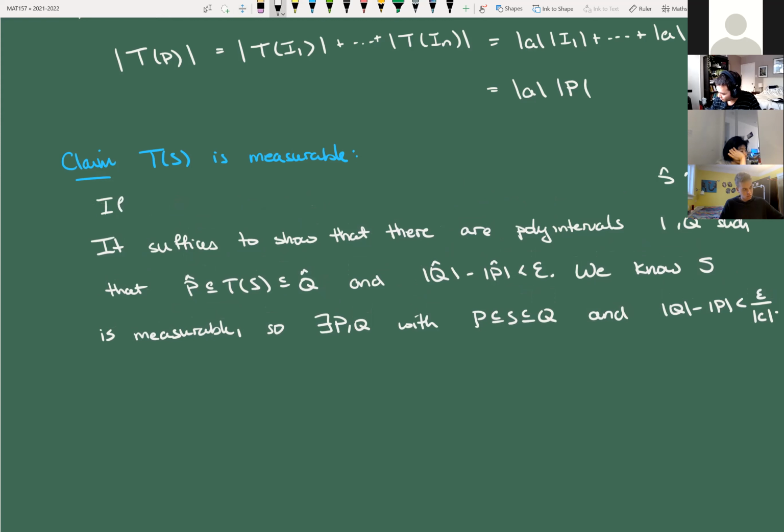All right, so if C equals 0, then T of S is just the set {0}, which is measurable, right? Otherwise, suppose C is not 0. That way I can divide by it here.